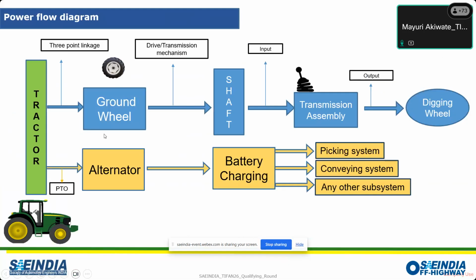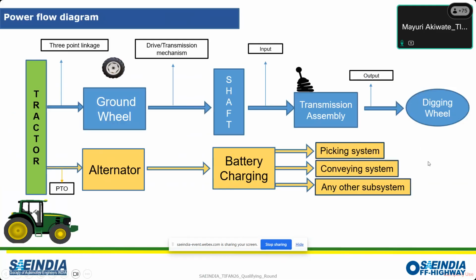For other systems, as an example, you are taking power from the PTO and then using the alternator, so your battery is charging, and then you use this battery power to run the different subsystems. So this is one example of how power flows from the tractor to the different subsystems.